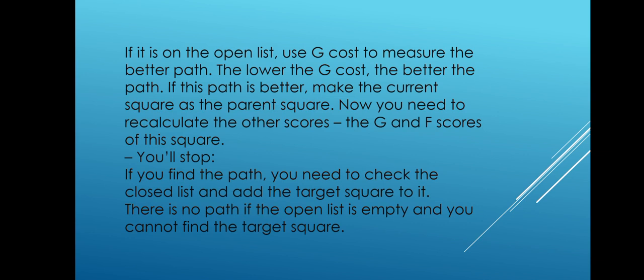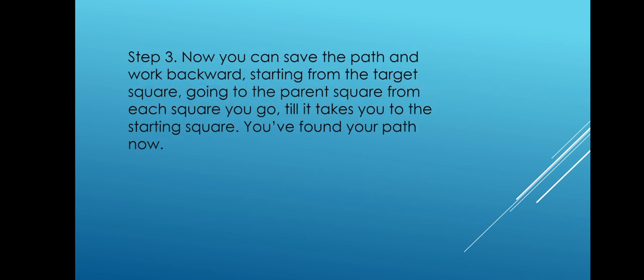You stop when you find the path, where you need to check the closed list and add the target square to it. There is no path if the open list is empty and you cannot find the target square.